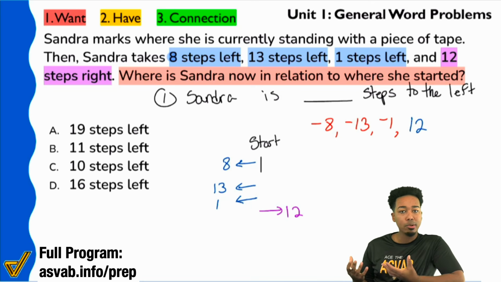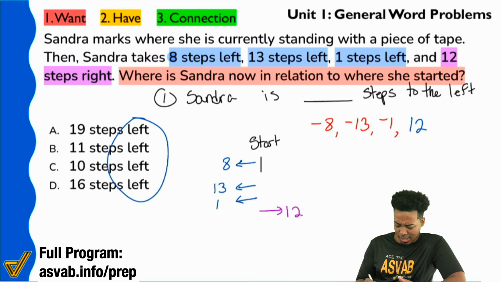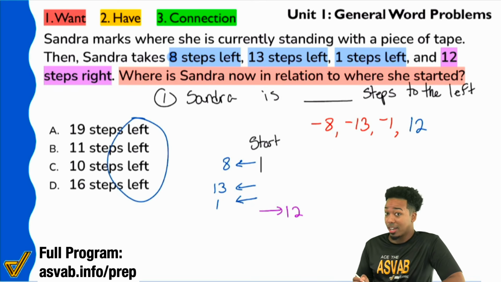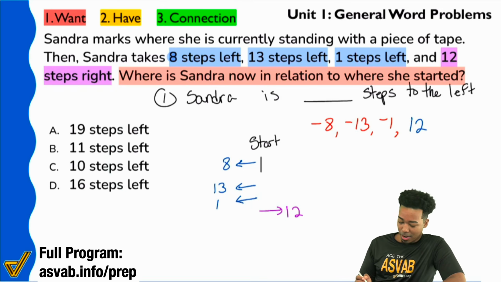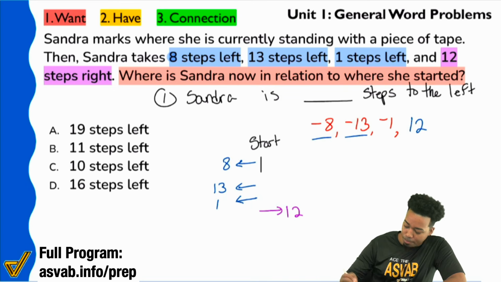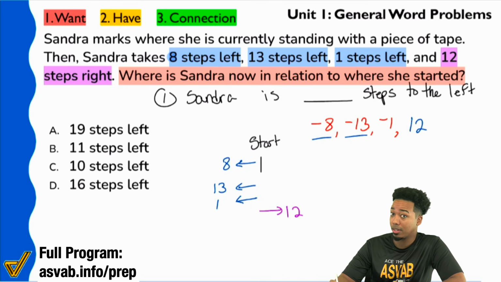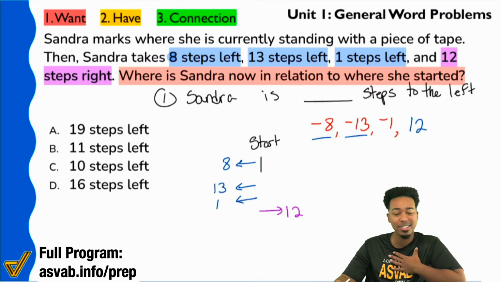Whatever your final number is when you add all of these together, if it's negative, that's left, positive, that's right. And since all of the answers say left, it sounds like we should have a negative number. Yeah, we should. So let's see what we got going on here, my party people. -8 plus -13. Don't know your mental math with negatives? You gotta practice. Reach out to me if you need help practicing your math.